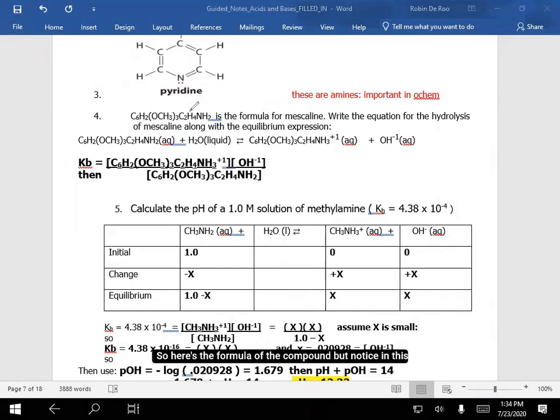But notice in this large formula that we have a nitrogen here, and if you were to draw the Lewis structure, you would have the lone pair electrons here. So this does have lone pair electrons on the nitrogen, so we pretty much just ignore the rest of the molecule and focus on the fact that this nitrogen has the lone pair, and this is the basic part of the molecule.